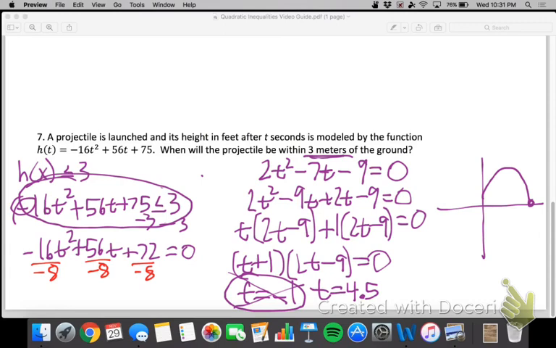So let's say this is when it equals 3. And we know that that point is 4.5. So it's going down, so that means the graph is lower than 3. The height is less than 3 when the time is greater than or equal to 4.5.